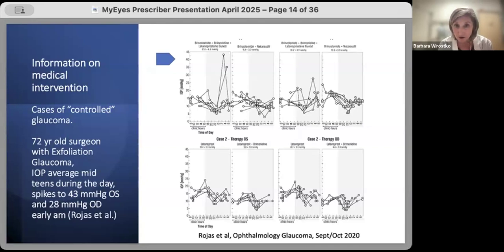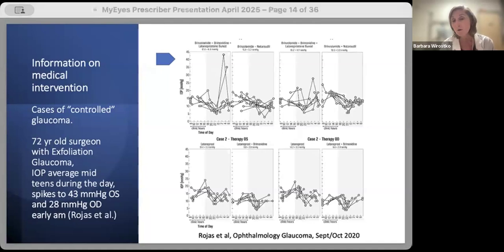And again, you can look at this chart. If you look at those other numbers, by the time he would get into the office, he would be in the teens. Interestingly enough, what they did is they changed him, they took him off his Vyzulta, kept him on his brimonidine, and then put him on Netarsudil. So is there a role of perhaps episcleral venous pressure being elevated here in the early waking hours?